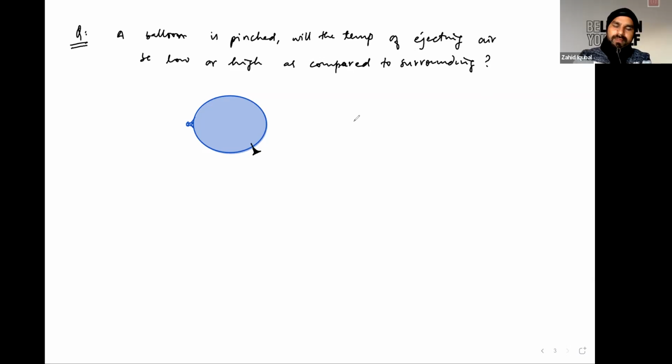So this balloon on bursting, air will eject out like this. And since this is an adiabatic process, first we consider this situation and this situation. Inside, pressure will be high as compared to outside.